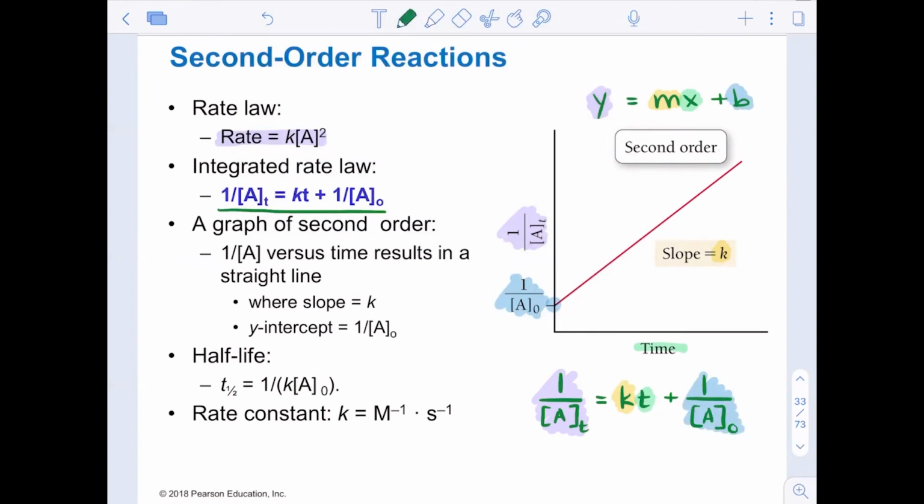Again, the half-life can be derived. The half-life for this, when we plug in A initial is 1 and A at time t is half of that, 0.5, we would get a half-life of 1 over k times the initial concentration. So the half-life for a second order reaction is dependent on the initial concentration.